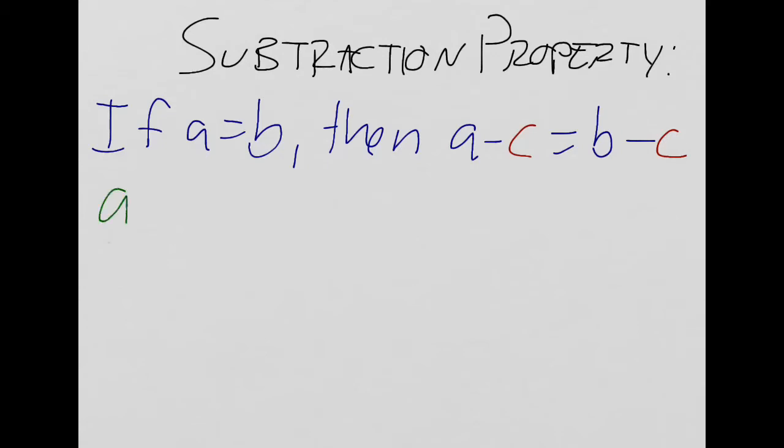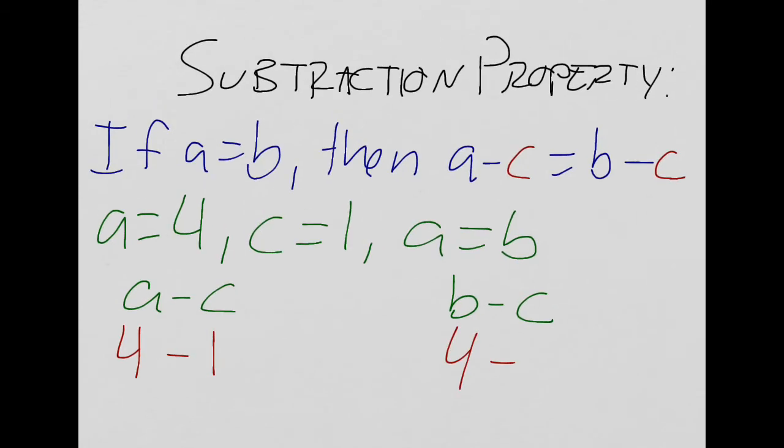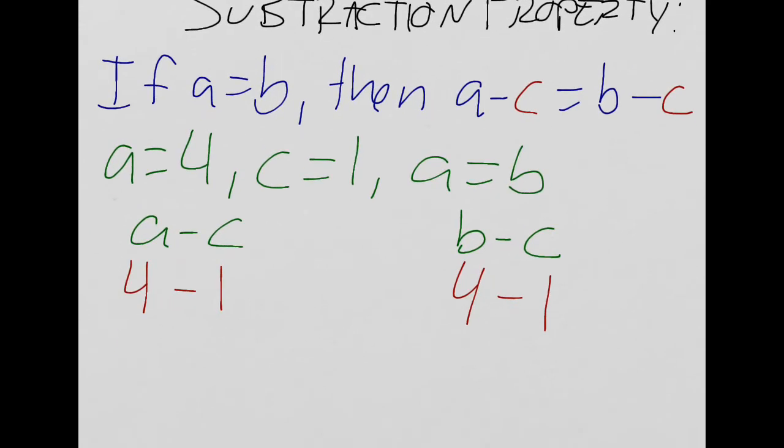If I have A equals 4 and C equals 1 and A equals B, and I set up the problem A minus C and B minus C, well, I know already that A is 4 and A equals B, so that means B equals 4, and C is 1, so we come out with 3 and 3. So in fact, since these are equal, A minus C equals B minus C.